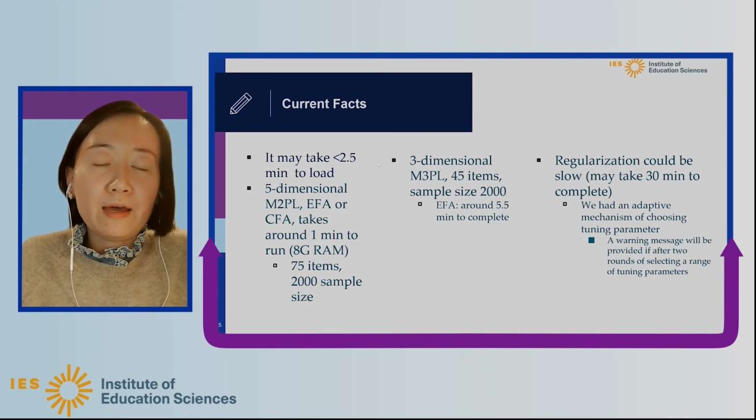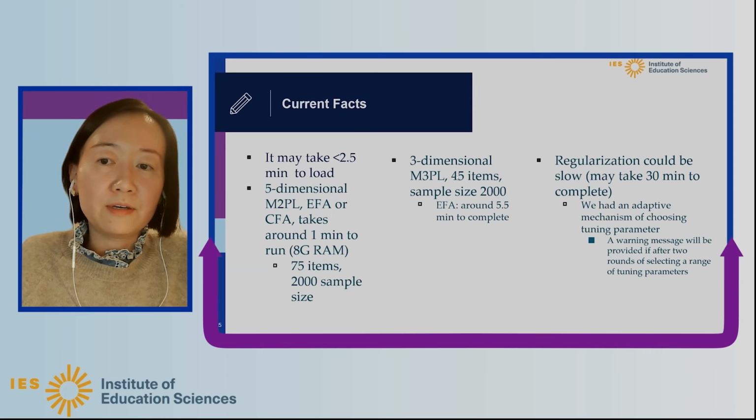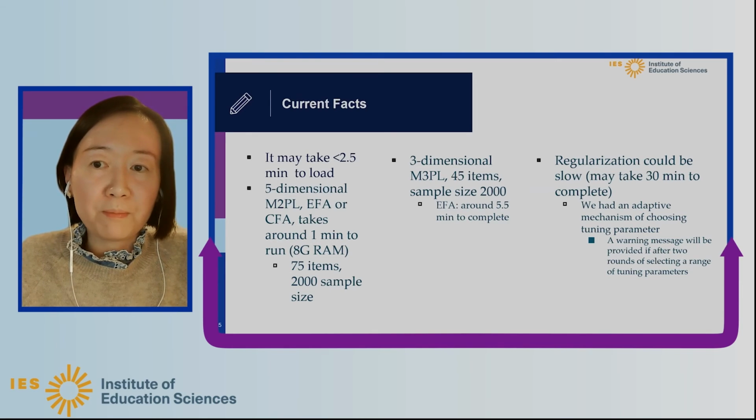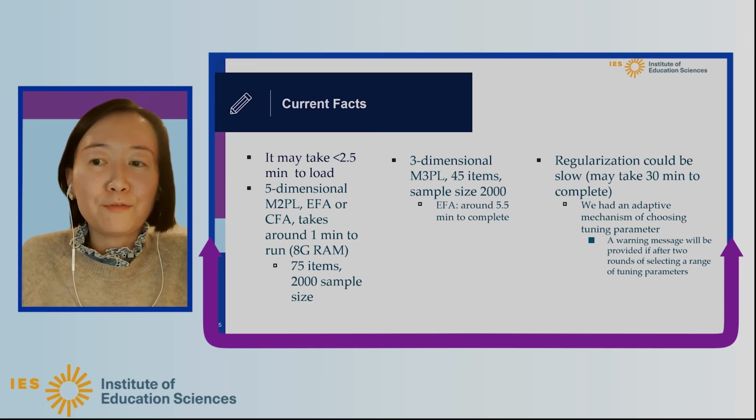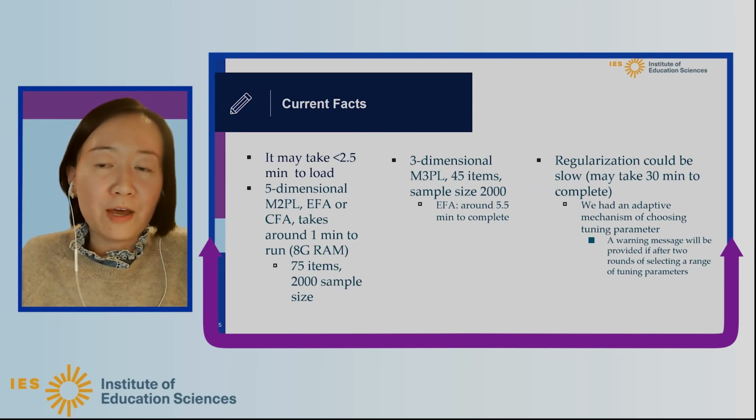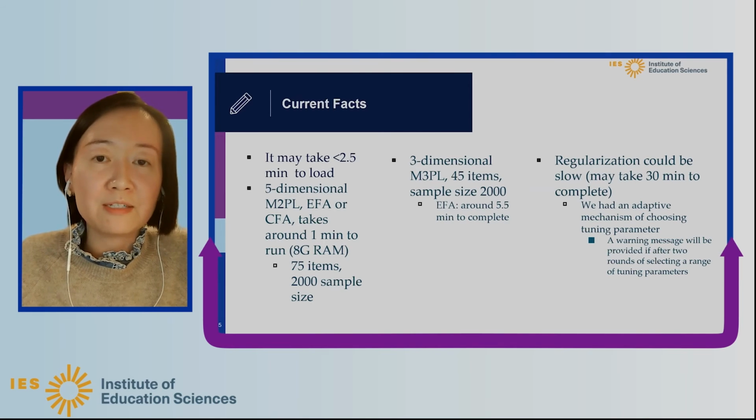And I have to admit that the regularization methods, which are used in both the EFA and DIF analysis, take much longer because we have to search for the best tuning parameter. If we have a grid of 10 tuning parameters, that basically means we have to run the EM algorithm 10 times.